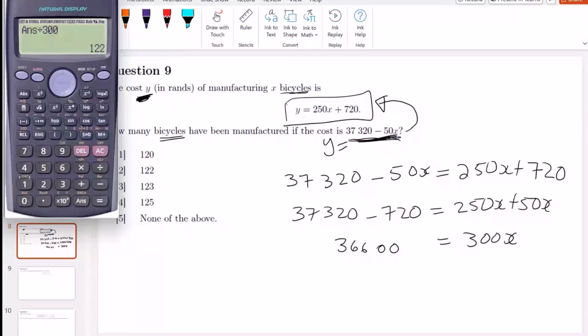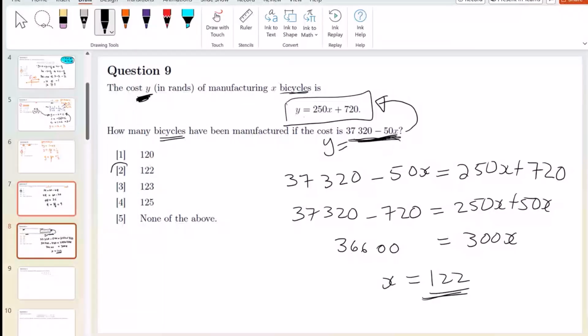So my X is equal to 122. So this is 122 bicycles. So if I'm given this cost, my bicycles are 122. Now this is about substitution of variables.